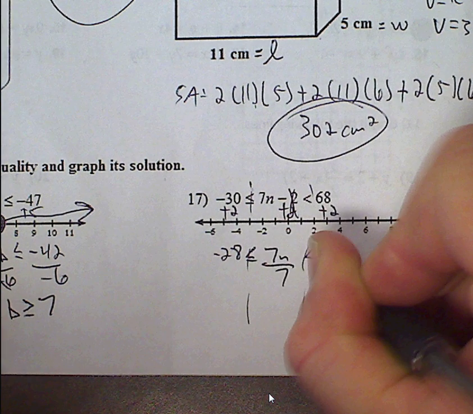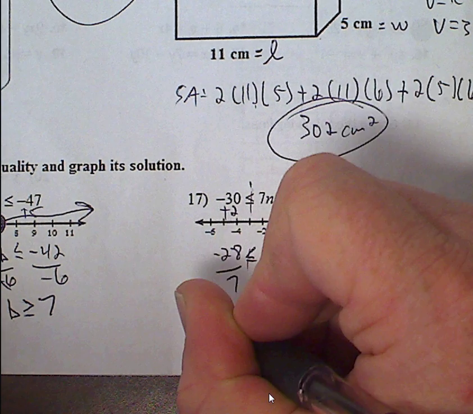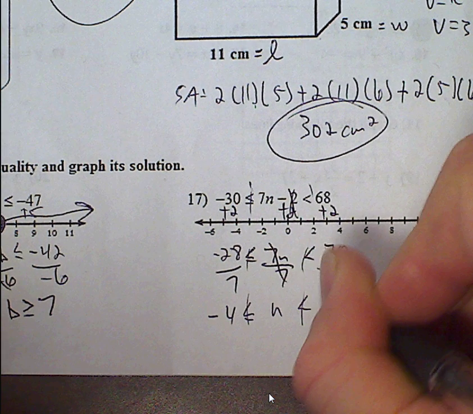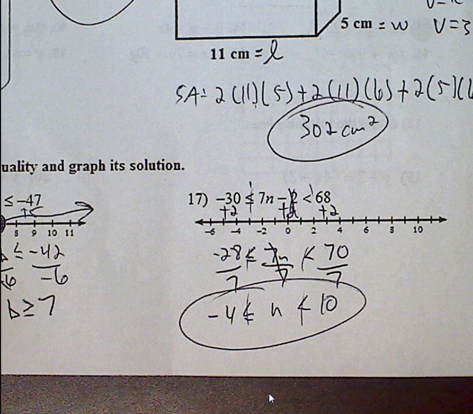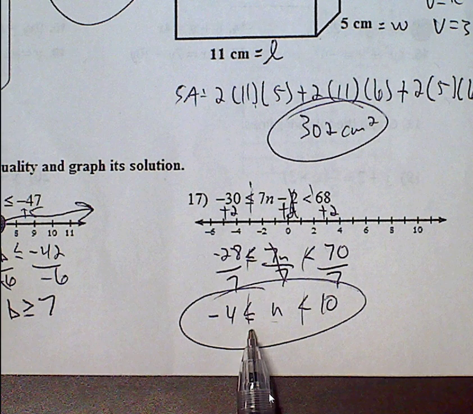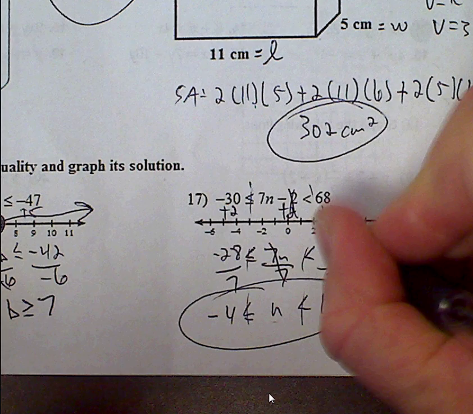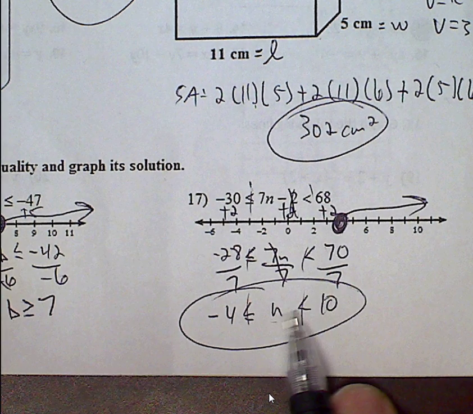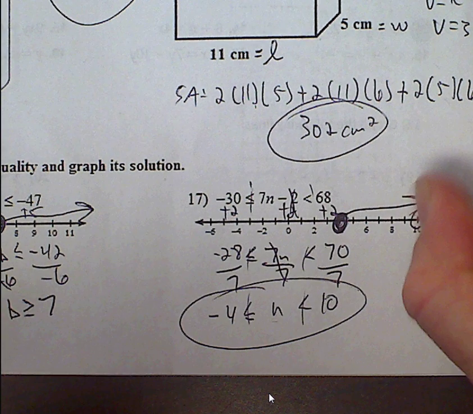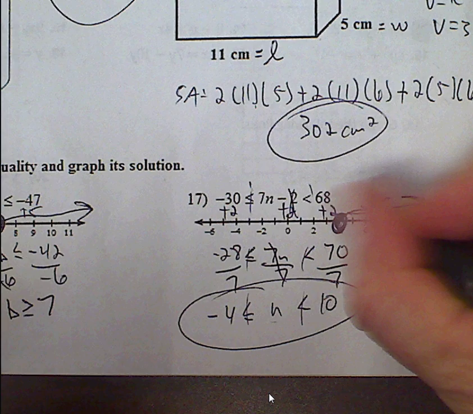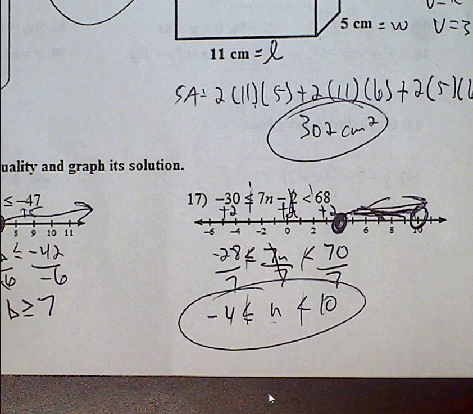I'm going to divide both sides by 7, and I get negative 4 less than or equal to n less than 10. So n is greater than or equal to negative 4: filled in circle to the right. n is less than 10, so open circle at 10 going to the left. So it's actually in the middle of those 2 dots.